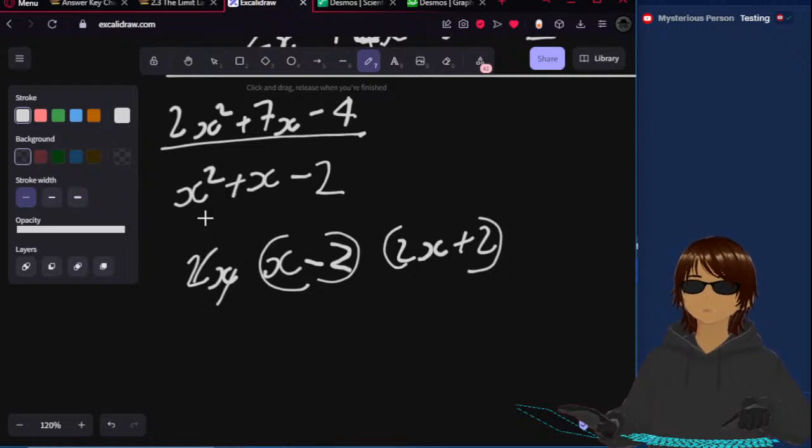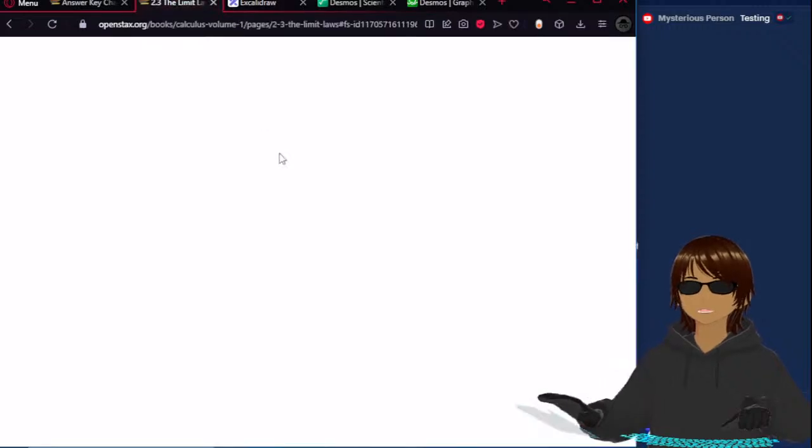Evaluating the limit of negative 2 from the negative side. Wait.